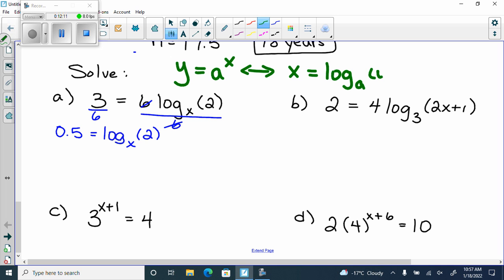Remembering this is on your formula sheet, so you don't even have to memorize. Now, these are logs, so we have to line up with the log one. So this is x, this is a, this is y, and we're converting it to y equals a to the x. So it's going to be 2 equals x to the 0.5.